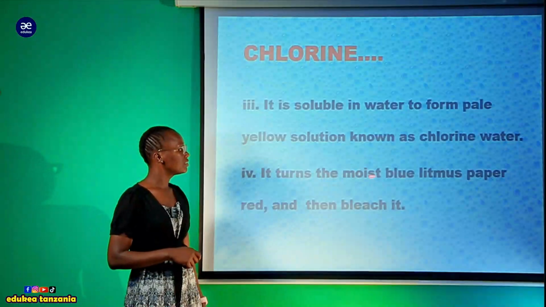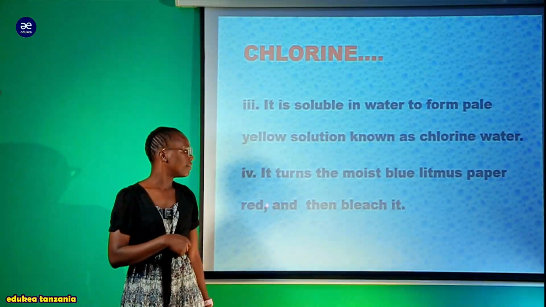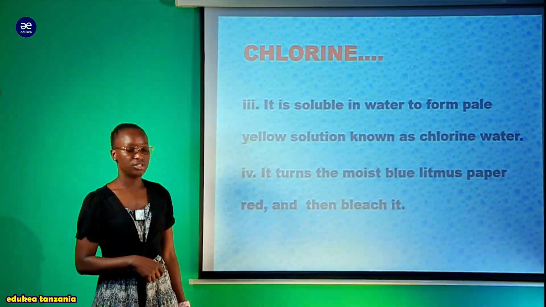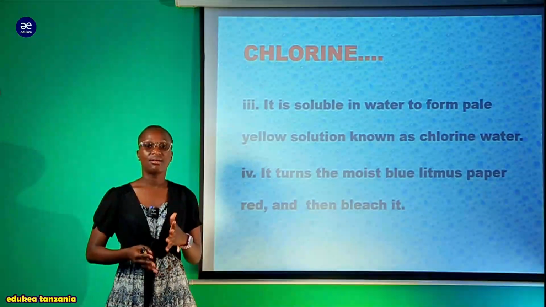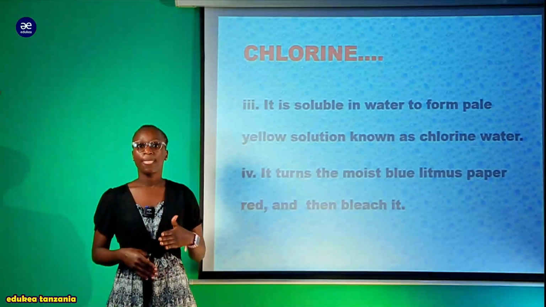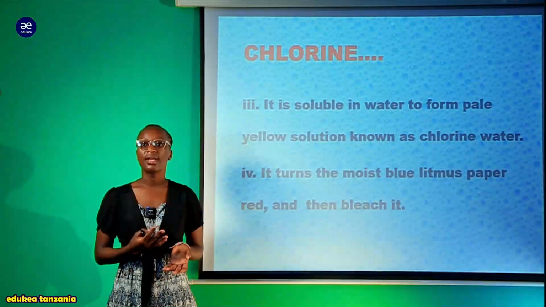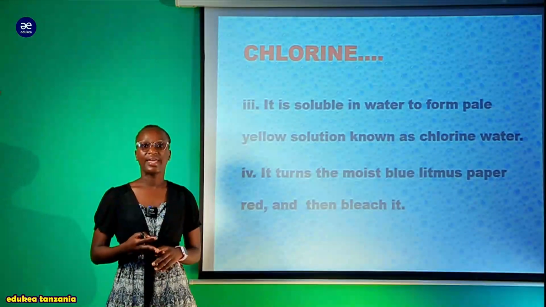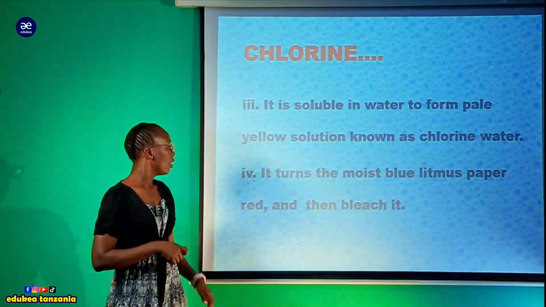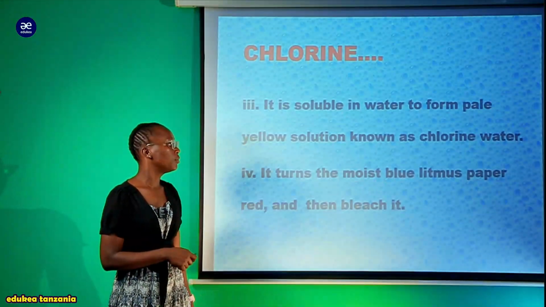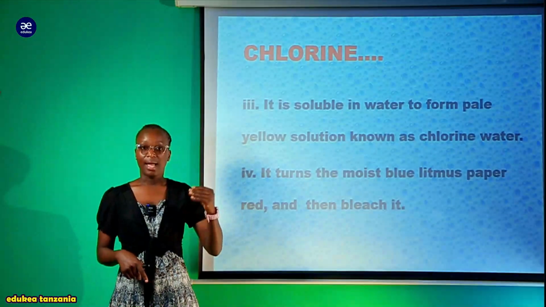Also it turns the moist blue litmus paper red and then bleaches it. Kwamba tuliona yenyewe inafanya bleaching, inafanya decolorization of color. Tuliona kwenye chemical property the way chlorine anareact with dye kupelekea some colorless compound. So yenyewe huyu anatani this moist blue litmus paper.